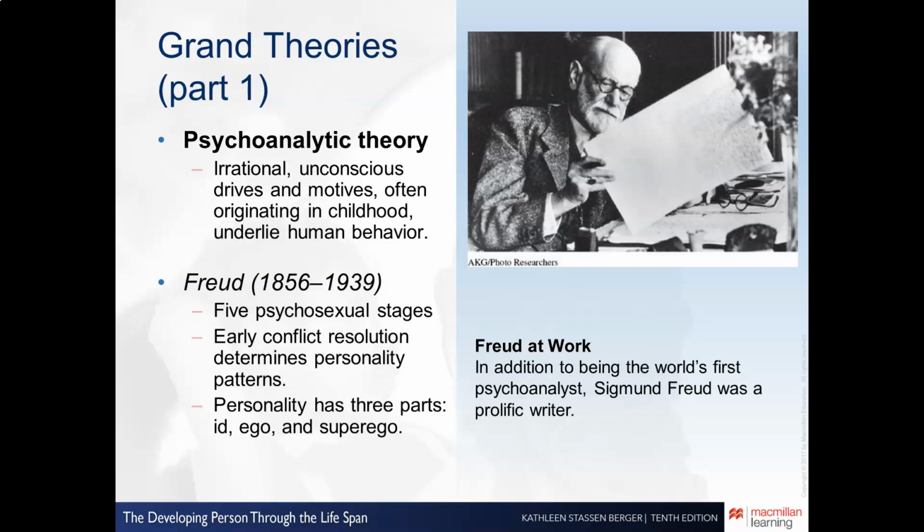Now he proposed all these right here, the 5 psychosexual stages, et cetera, the id, ego, superego, parts of personality. Do not worry about memorizing those. I just wanted to have those on here to give you a brief overview of this.